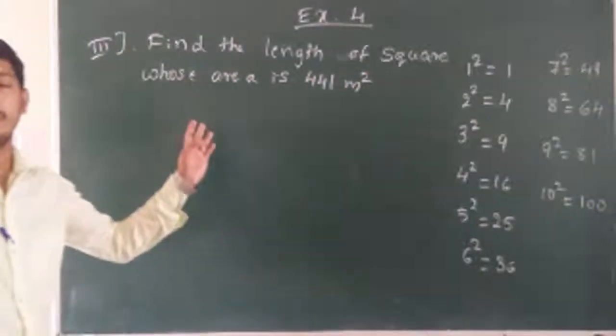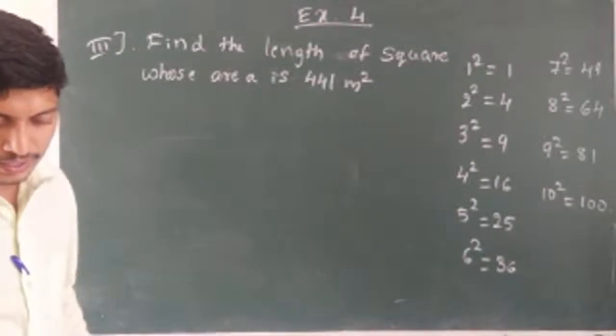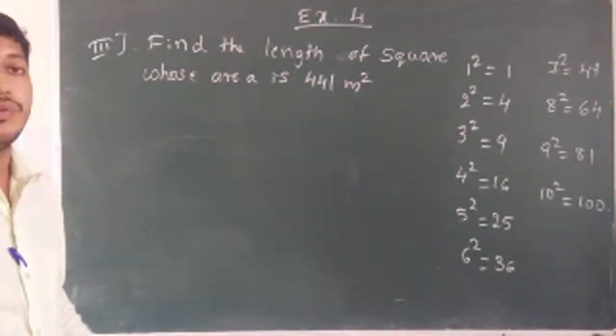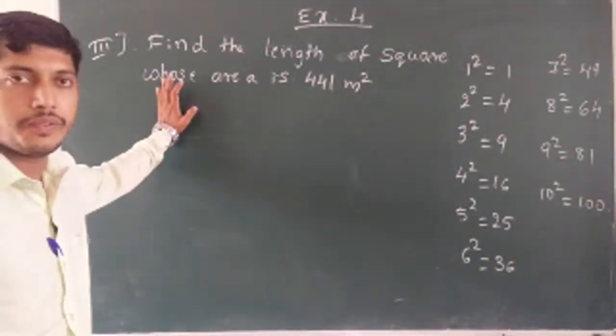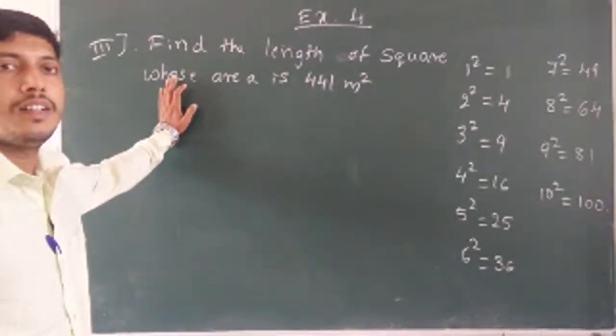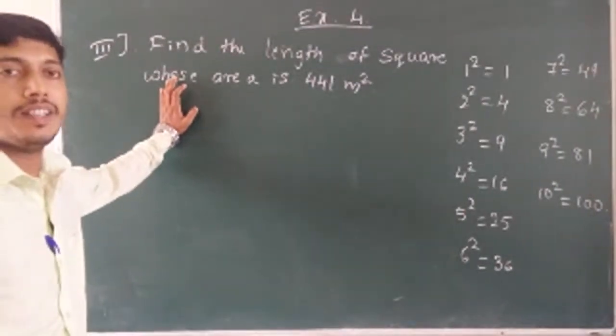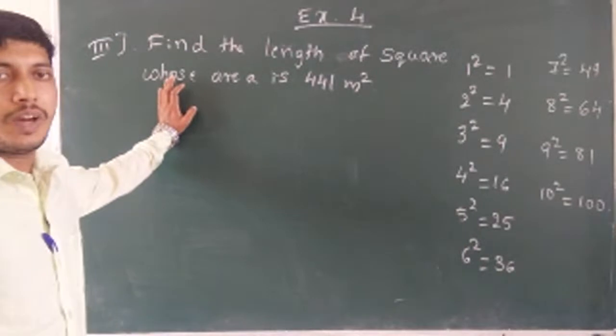I will solve the previous one afterwards. Now the area is given, that is 441 meter square, and we have to find the length. The figure is a square, and the area of a square is side square.